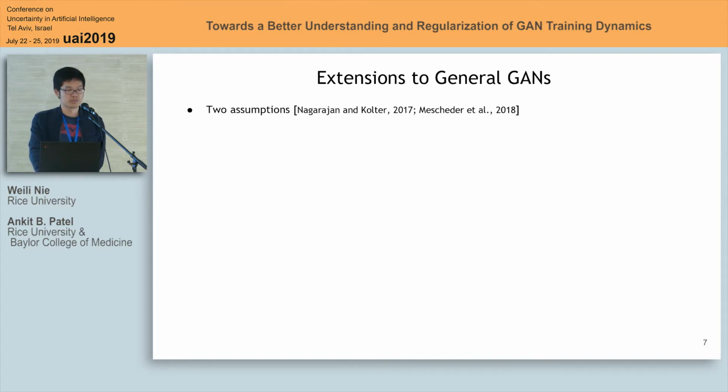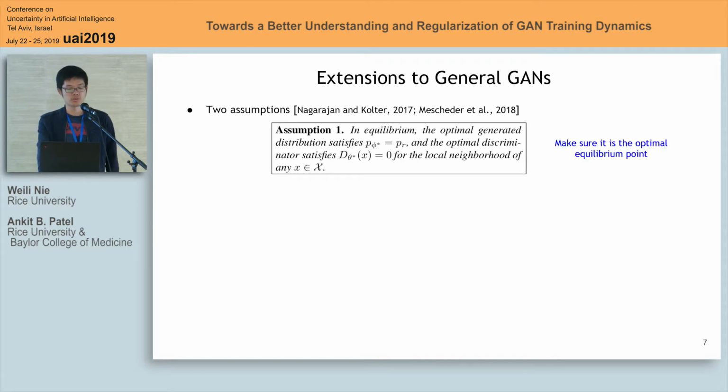The problem with this previous analysis is that we only focus on the simple GAN example, and we also want to extend our analysis to the general case. But before that, we need two assumptions. The first one is that in the equilibrium, we require the generator distribution is the same as the real data distribution, and also the discriminator cannot differentiate whether it's real or fake.